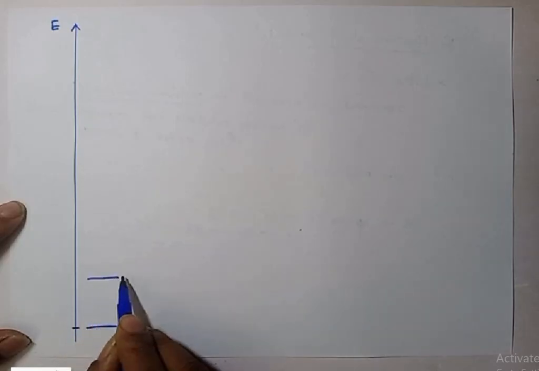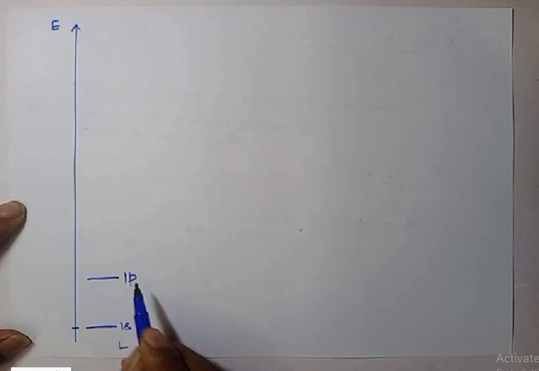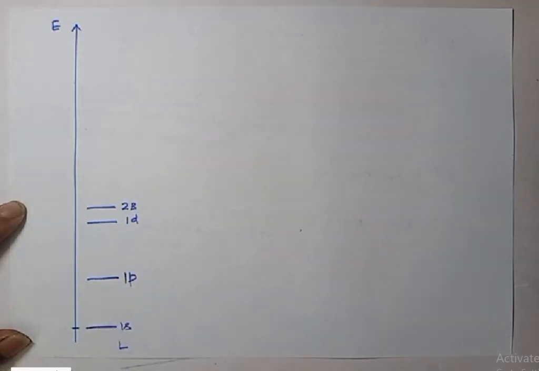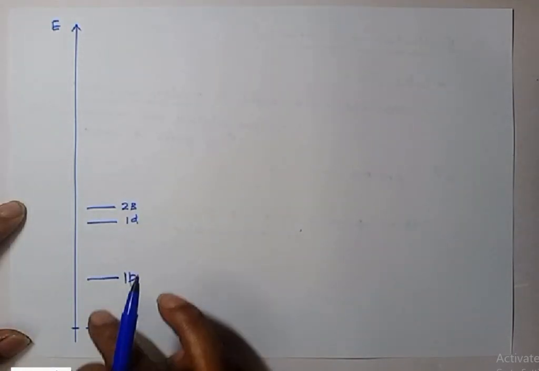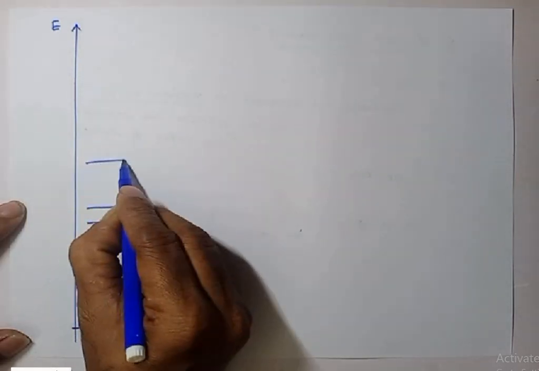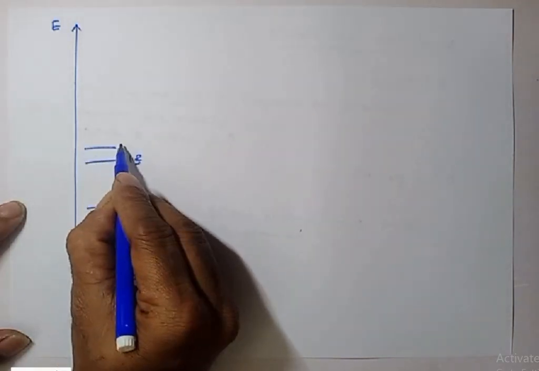After 1s, we have 1p subshell. After 1p, we have 1d, then immediately we have 2s. 2s will come next to 1d. Okay, 1s, 1p, 1d. Then after 1d, we have 1f. After 1f, we have 2p.